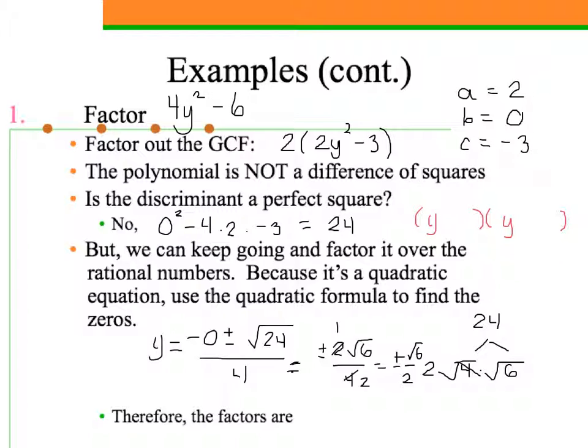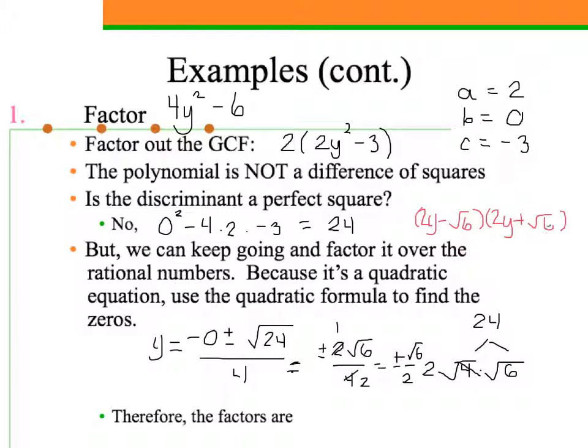The denominator of the zeros becomes the coefficient of the y, and each of the zeros, positive and negative square root 6 over 2, has a denominator of 2. The opposite of the numerator then completes that binomial. So I'll have a 2y minus the square root of 6, and I'll have a 2y plus the square root of 6.